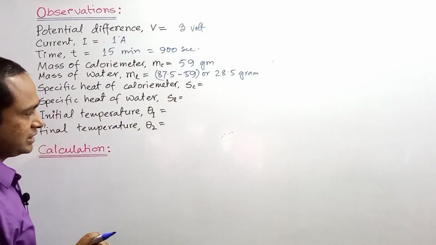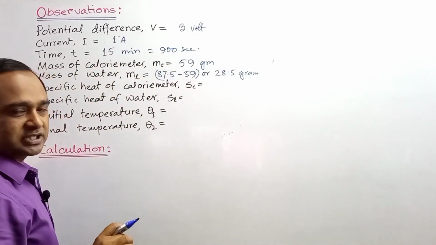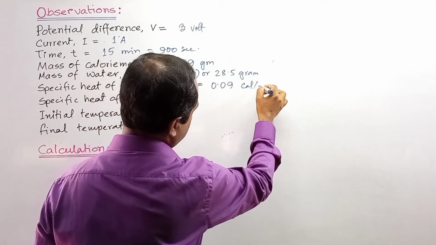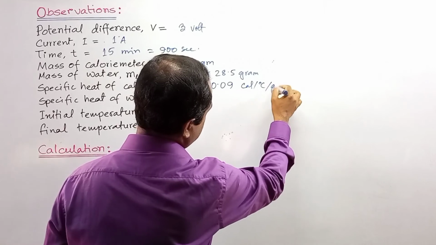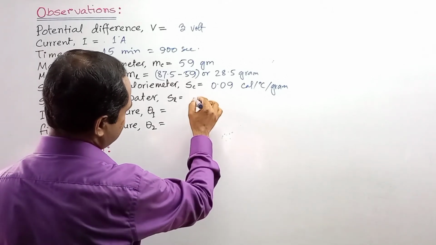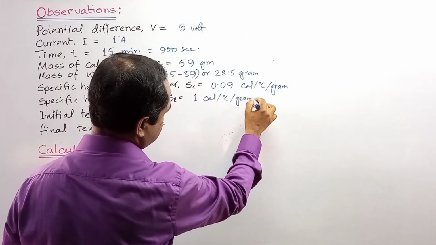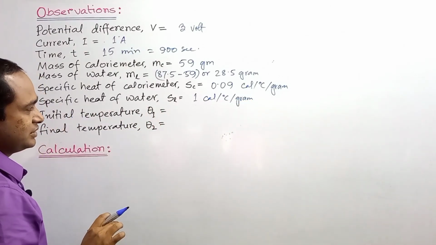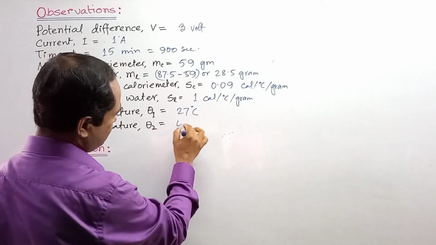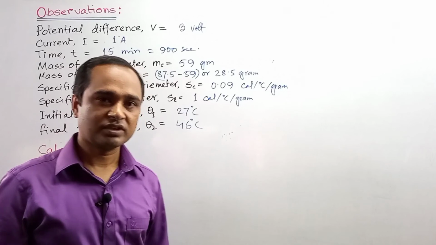The calorimeter is made from copper, so the specific heat of the calorimeter in CGS system was 0.09 calorie per degree Celsius per gram, right? The specific heat of water in CGS system is 1 calorie per degree Celsius per gram. The initial temperature was 27 degrees Celsius and the final temperature was 46 degrees Celsius. So dear student, these are all the observations for our experiment.